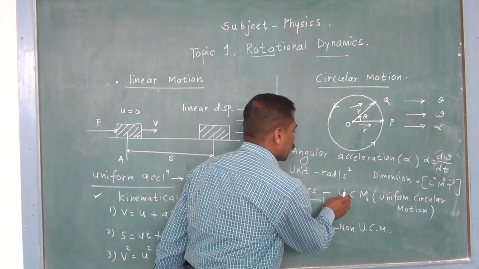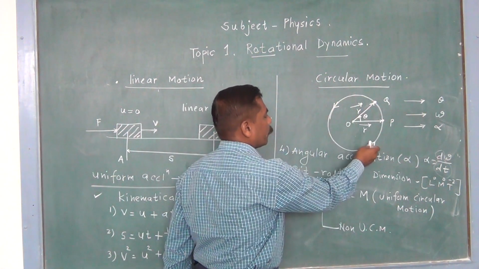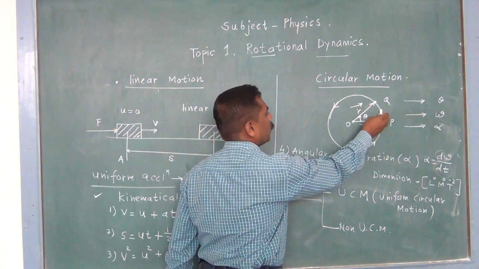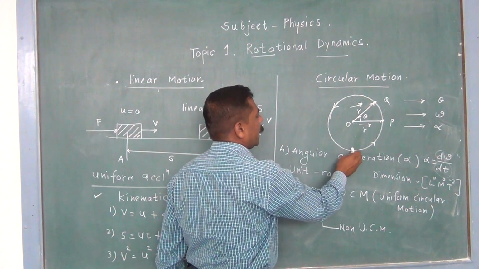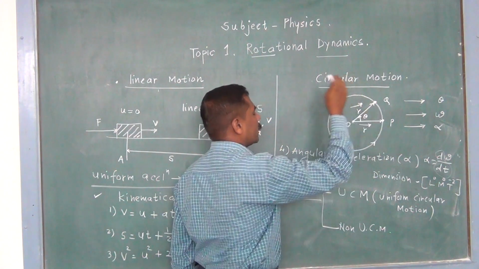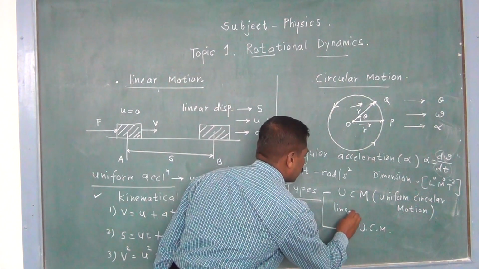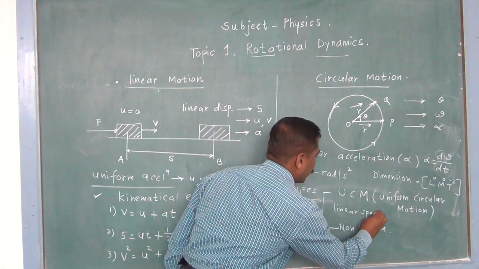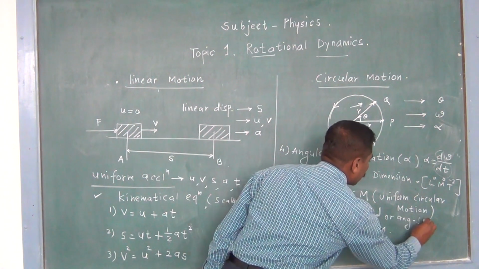So in case of the uniform circular motion, it is a circular motion, but when the particle is moving along the circumference of the circle, the speed of the particle will remain the same. Here you can consider either linear speed or angular speed.